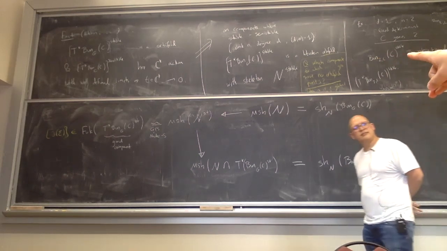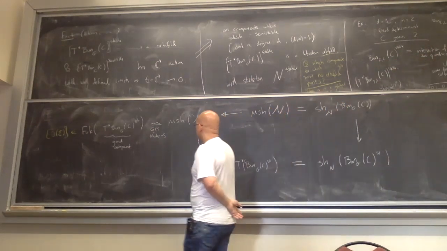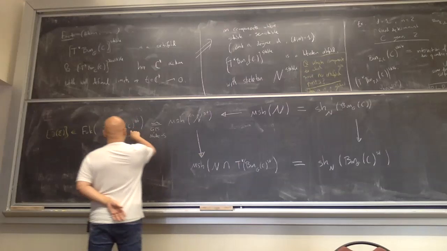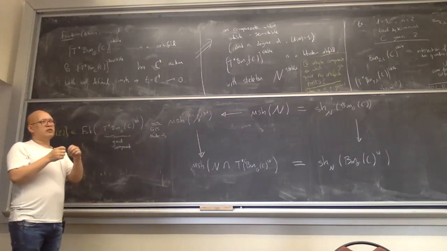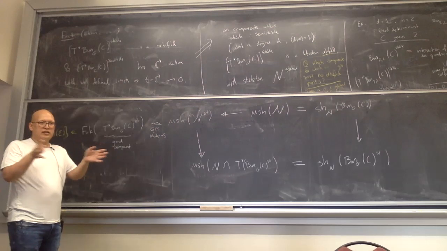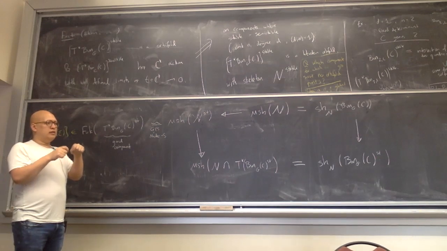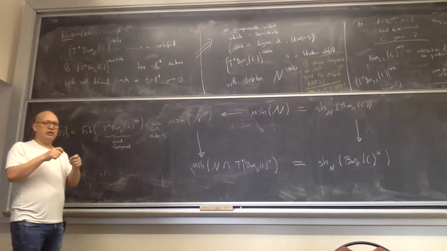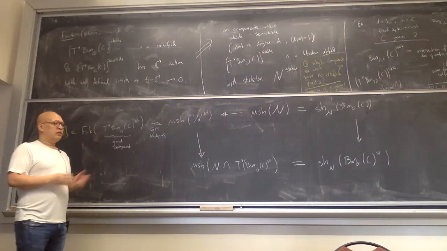Why is that a skeleton? Why is the nilpotent stable locus the skeleton of this? Well, remember, it's basically a classical fact. I told you that there's a scaling action on Higgs bundles, which takes (E, phi) to (E, t phi).